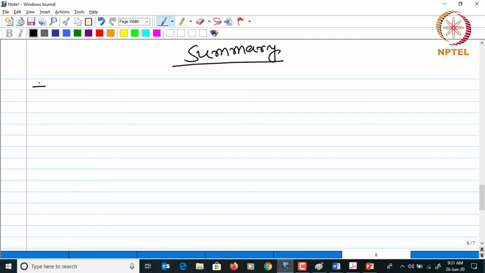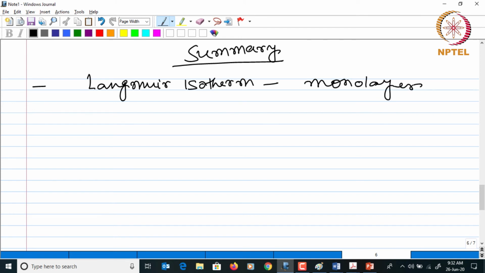In this lecture, apart from the Langmuir isotherm, which represents formation of a monolayer, we have also seen other types of isotherms.